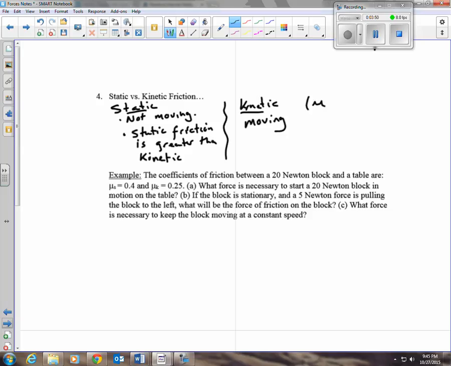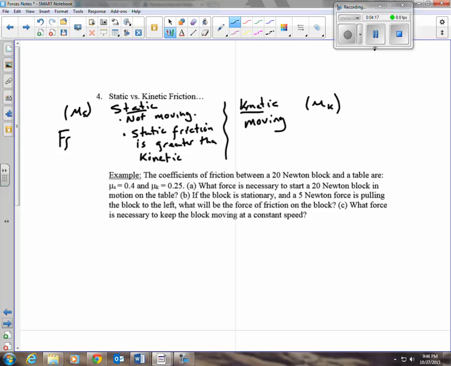So for any surfaces, you'll have a kinetic coefficient of friction and a static coefficient of friction, and the static coefficient of friction will be larger. The reason why is, I think of a couch that's kind of sunk down into a carpet. It's harder to get it moving, but once it's moving, it's easier to push it along. So it's harder to overcome the static friction than it is to keep it moving and overcome the kinetic friction.